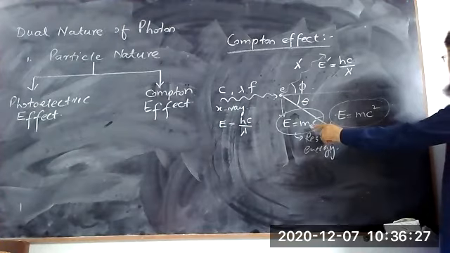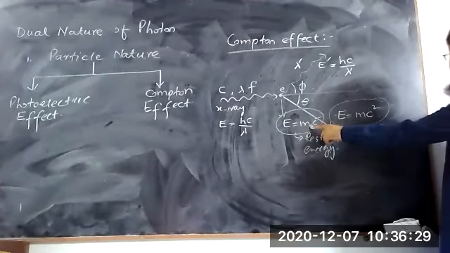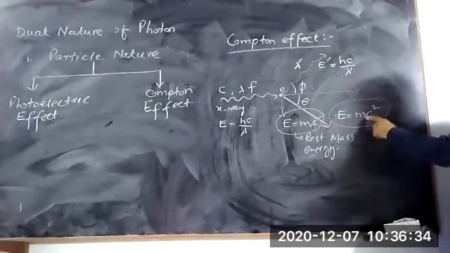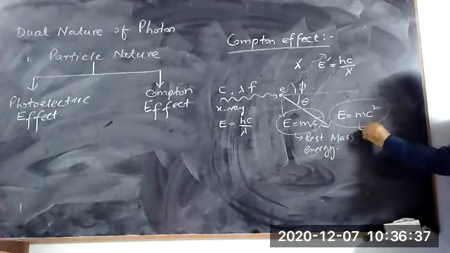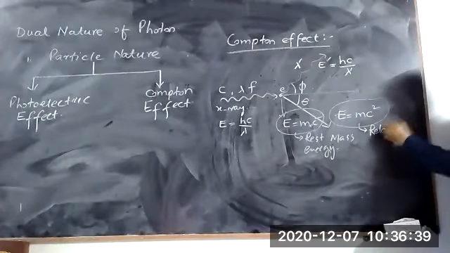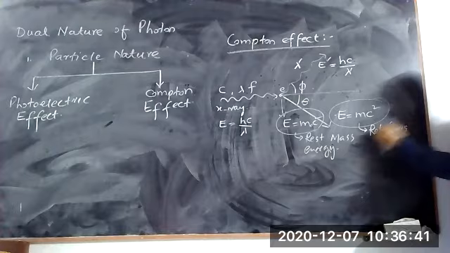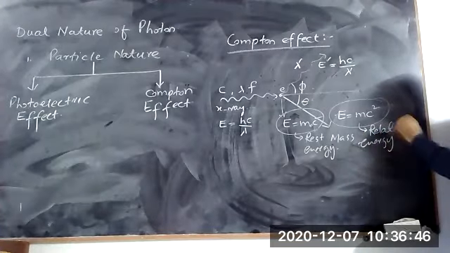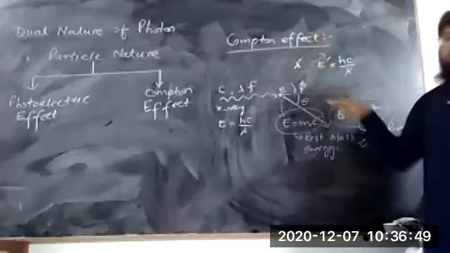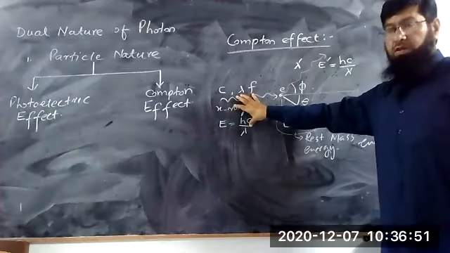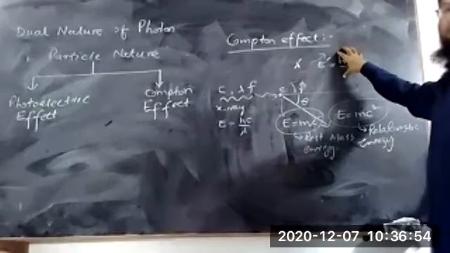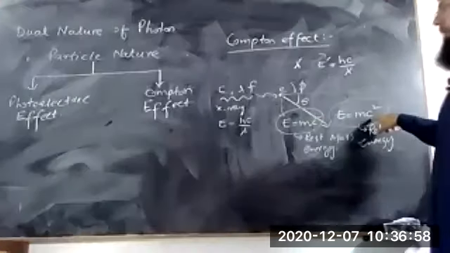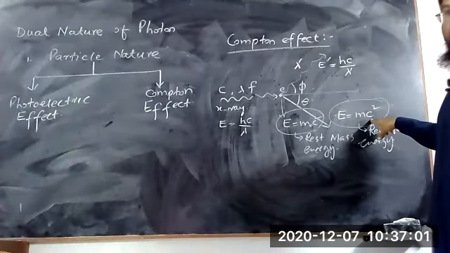Here m naught is the rest mass of the electron, as in Einstein's equation. So these are the energies: this is the energy of the electron before scattering and this is the energy of the electron after scattering.